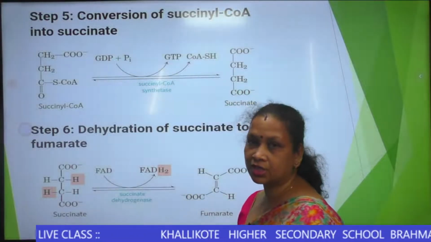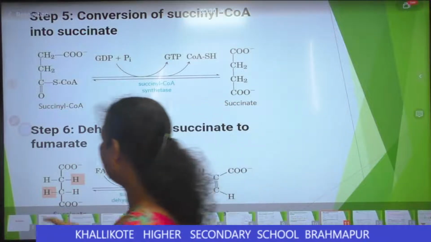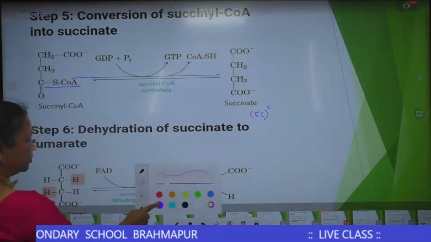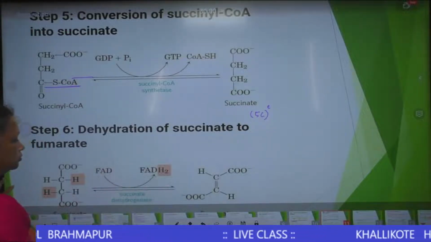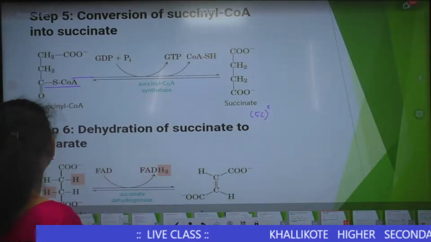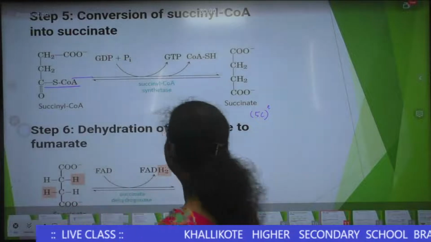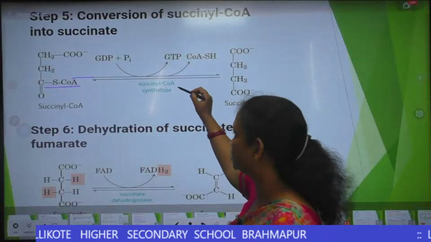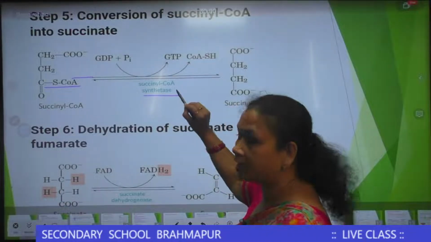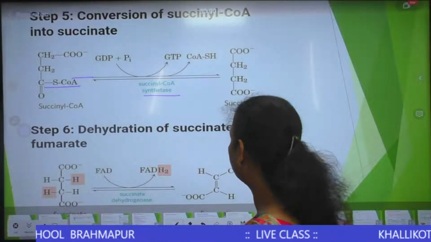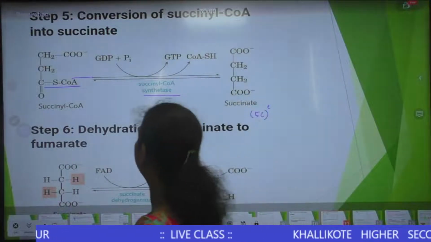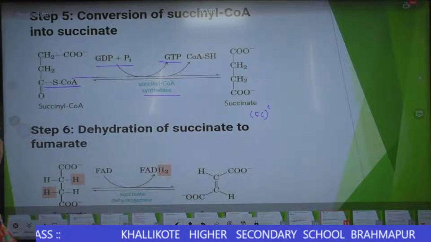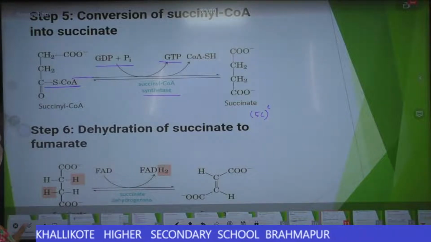In the presence of succinyl coenzyme A synthetase, the energy that is released is utilized in the formation of GTP from GDP plus inorganic phosphate.